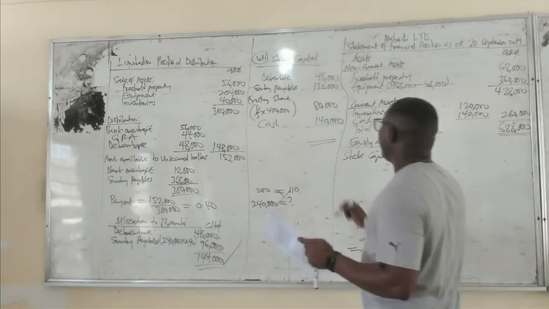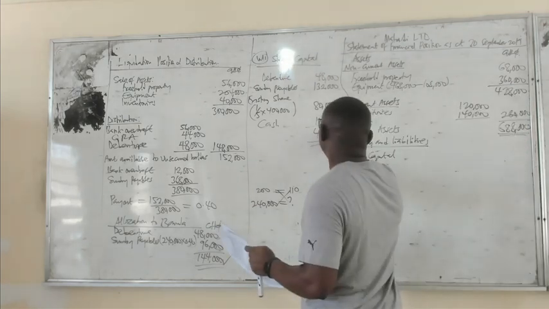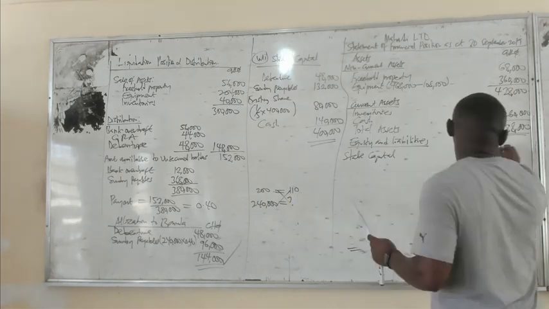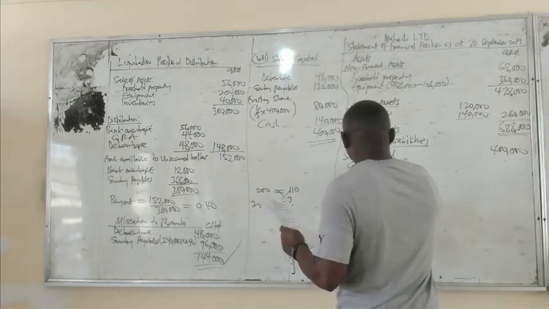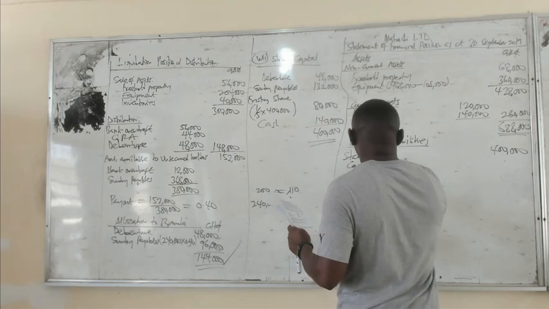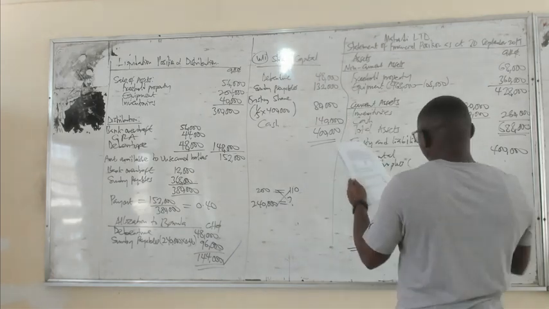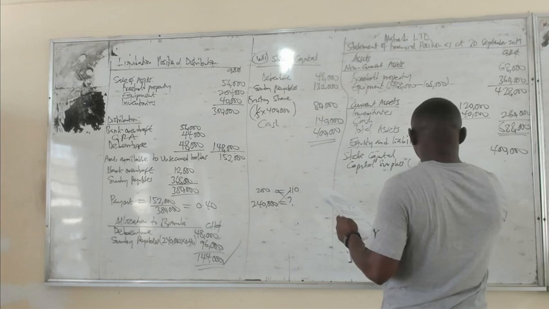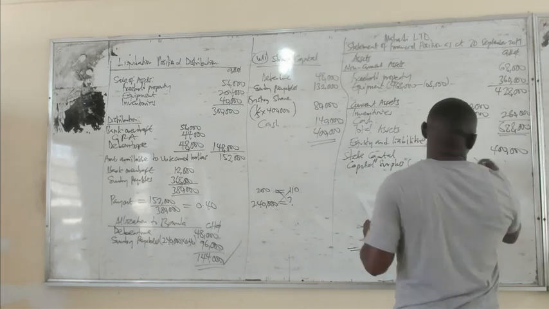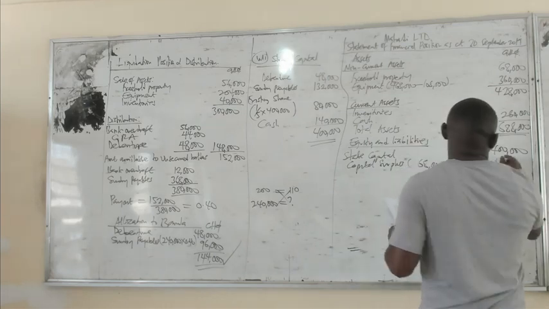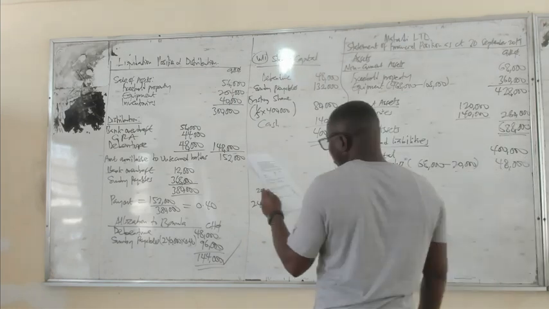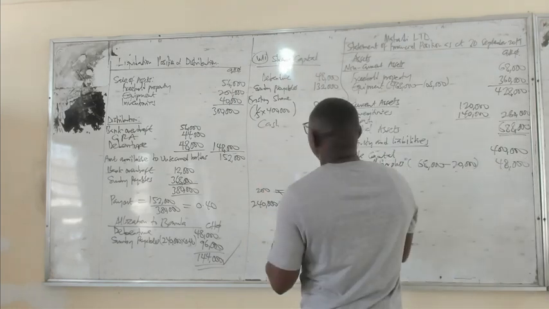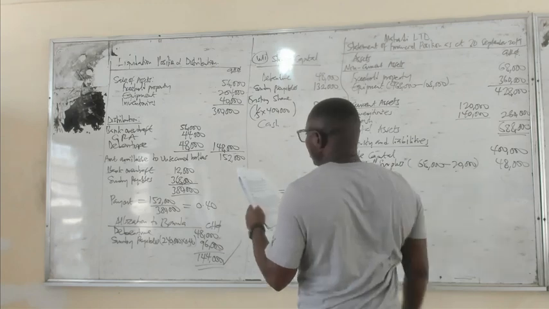Capital surplus will be 68,000 minus 20, 48,000. Then the debenture of Mahadi, which has been converted to shares, is zero.